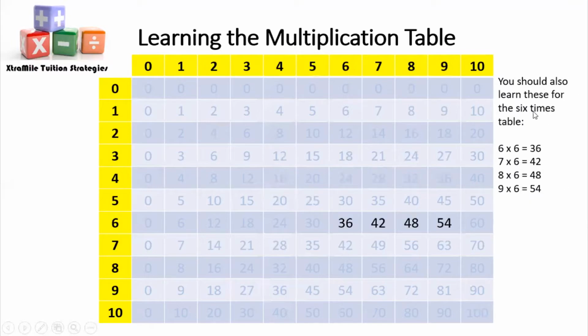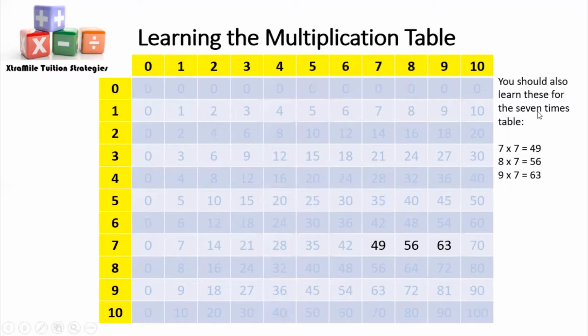You should also learn these for the 6 times table. Now there's only 4 of these. 6 times 6, 36. 6 times 7, 42. 6 times 8, 48. 6 times 9, 54.